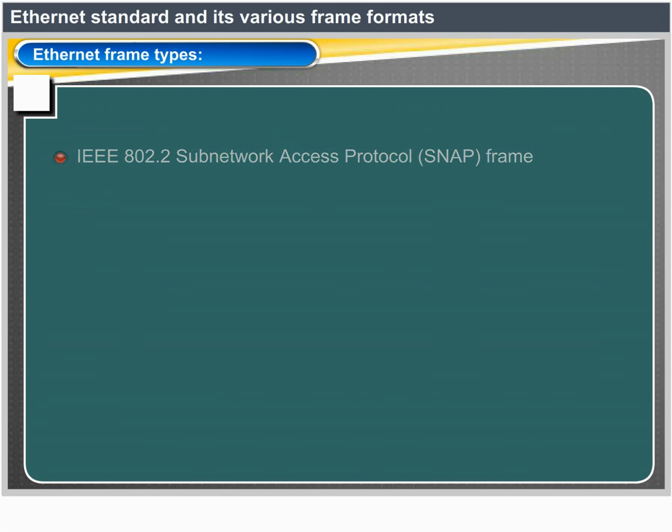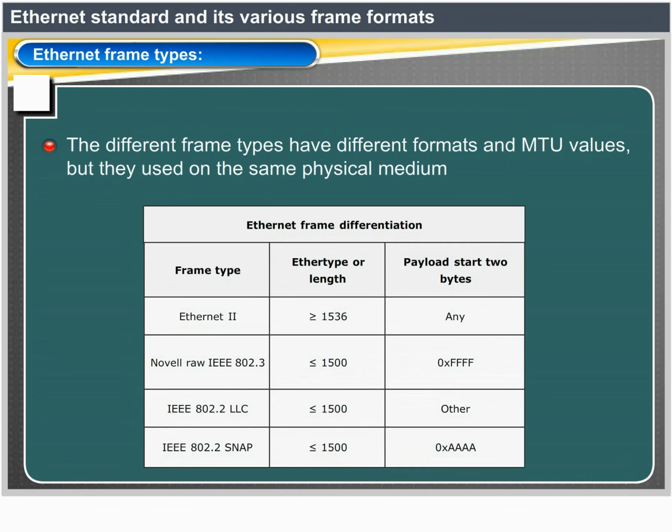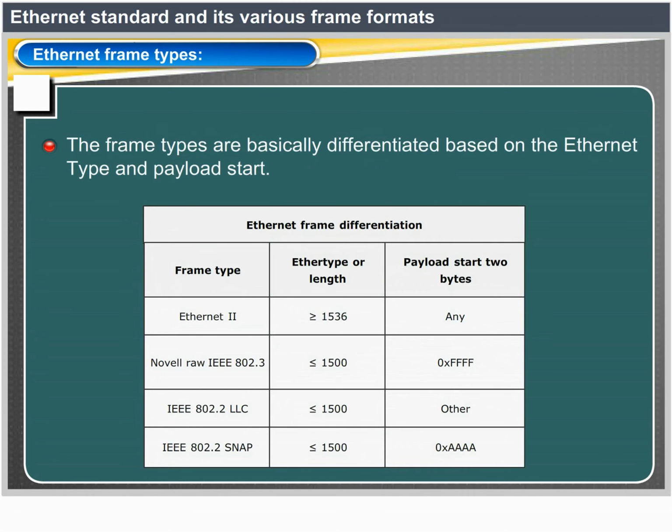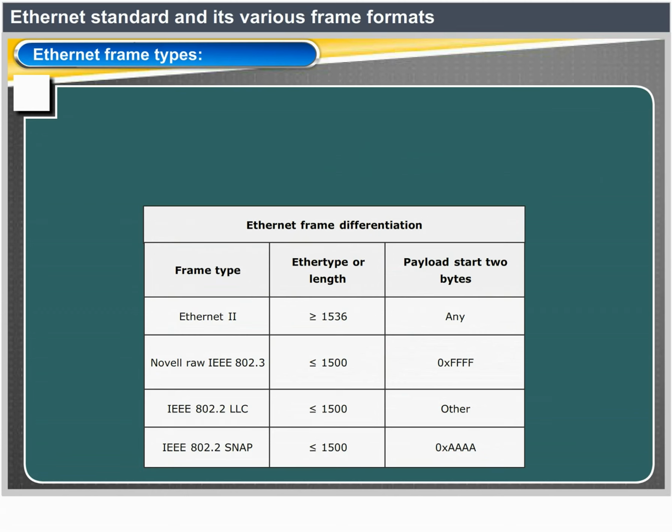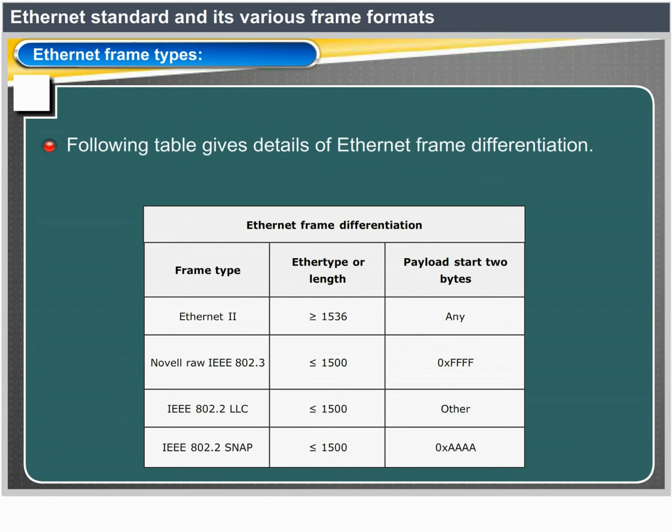The different frame types have different formats and MTU values, but they are used on the same physical medium. The frame types are basically differentiated based on the EtherType and payload start. The following table gives details of Ethernet frame differentiation. Ethernet frame differentiation table.